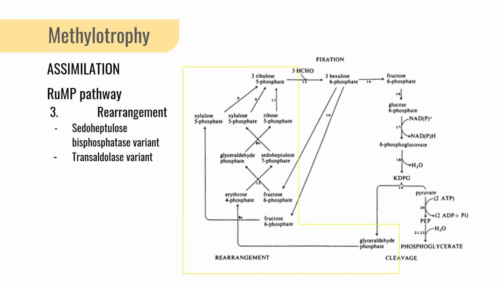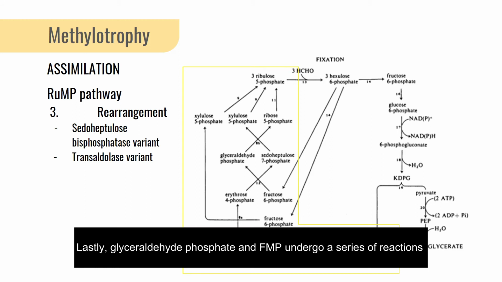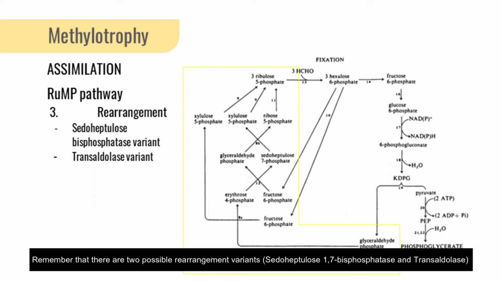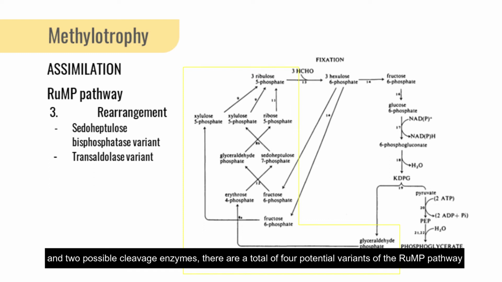Rearrangement. Lastly, glyceraldehyde phosphate and fructose 6-phosphate undergo a series of reactions which lead to regeneration of ribulose 5-phosphate. Remember that there are two possible rearrangement variants, sedoheptulose 1,7-bisphosphatase and transaldolase, and two possible cleavage enzymes. There are a total of 4 potential variants for the RuMP pathway.